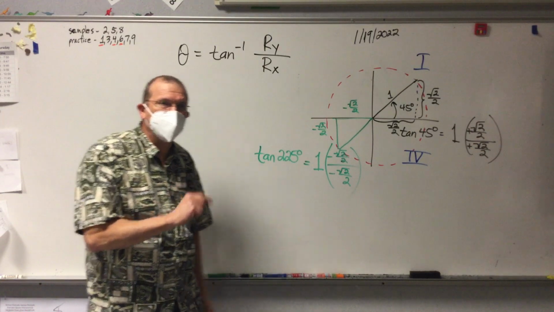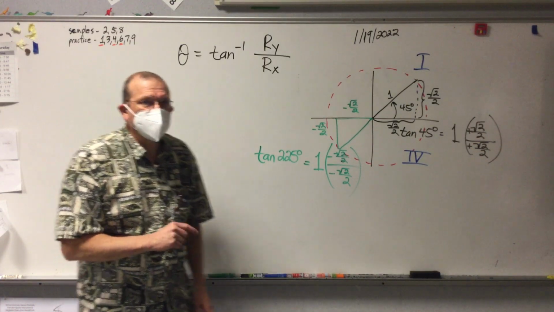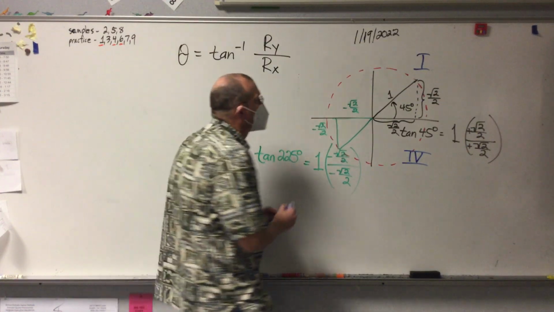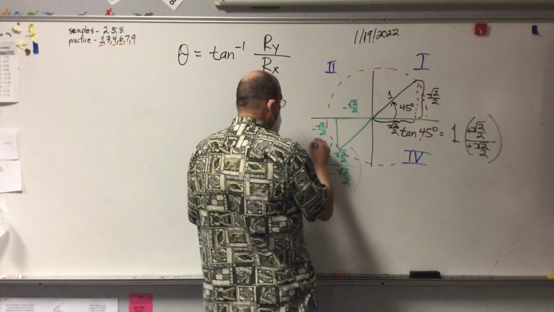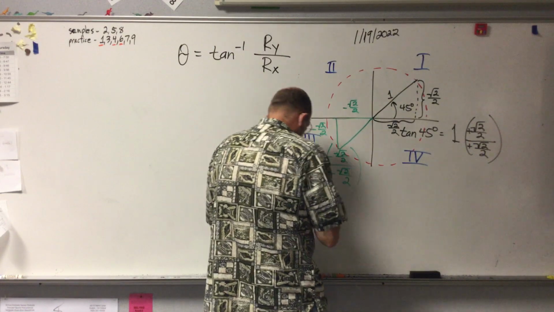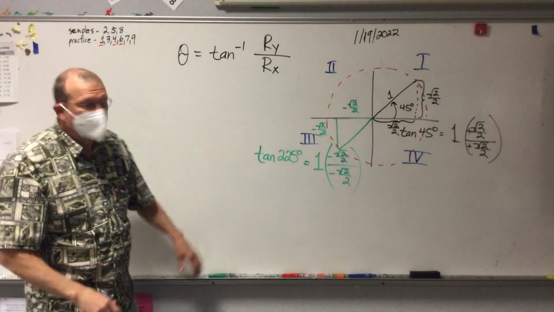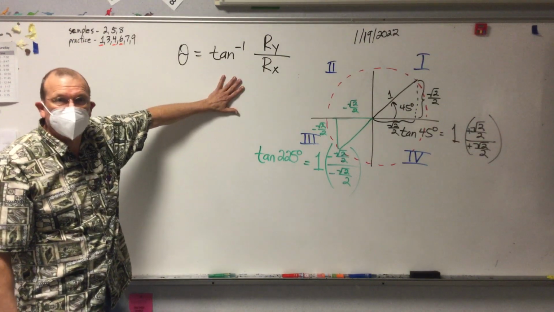But in order to play with it the right way, one of the things you have to understand is what quadrant you are in to begin with. So we're going to create the rules over here in black.